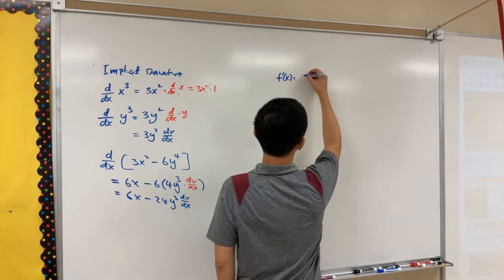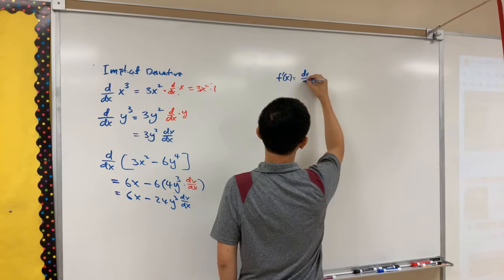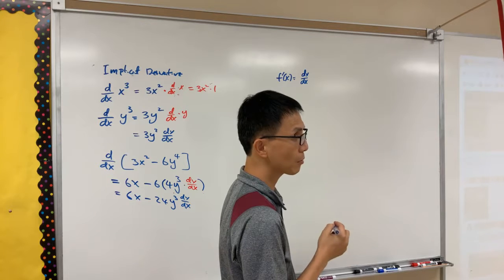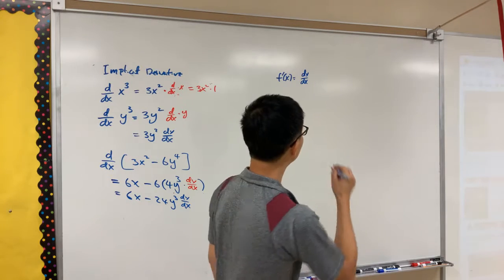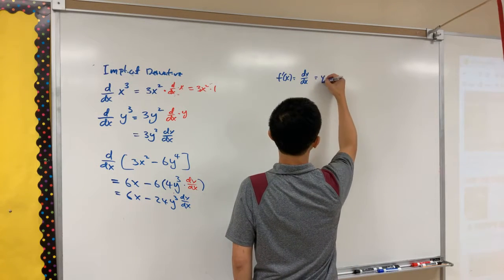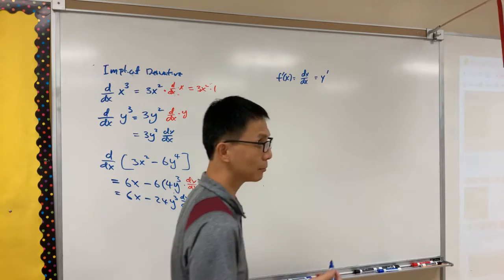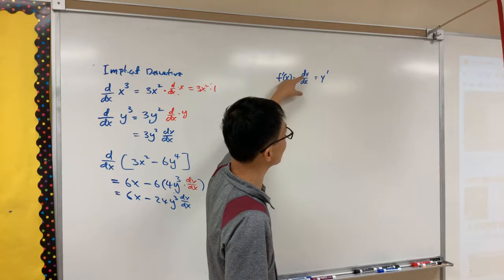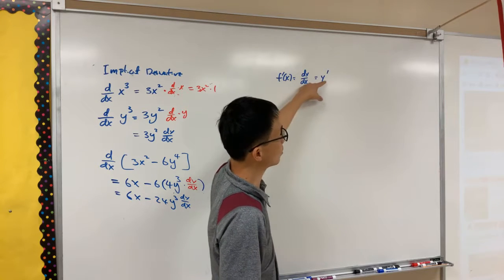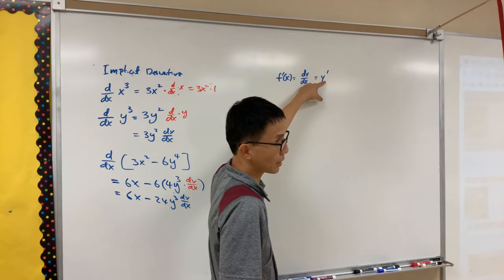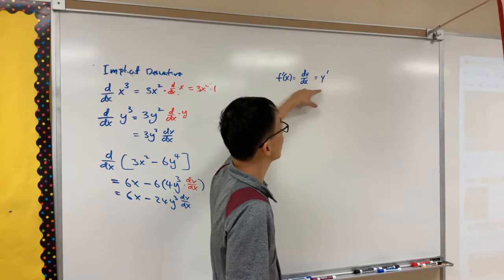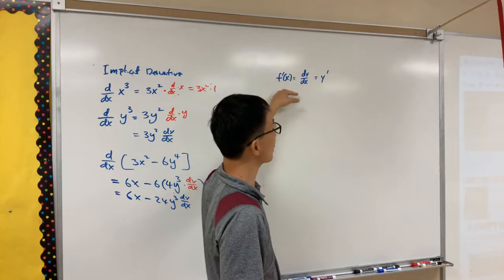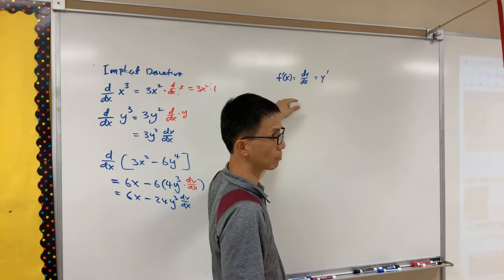And then we have another notation that represents the same thing, which is dy/dx. Sometimes we're going to use the notation y prime. That's also a derivative of y. This is a derivative of y with respect to x. This is y prime, which is taking the derivative with respect to x. This all means the same thing.